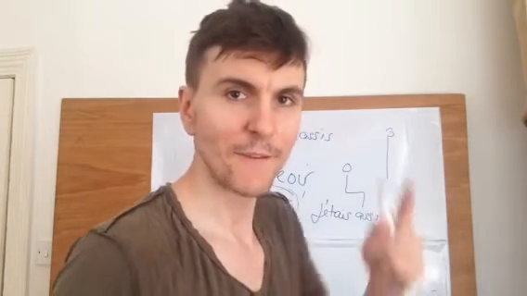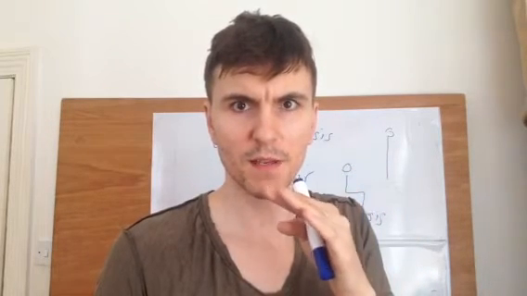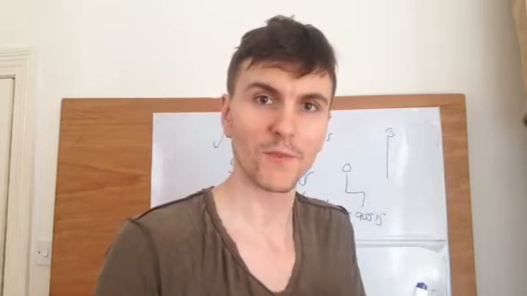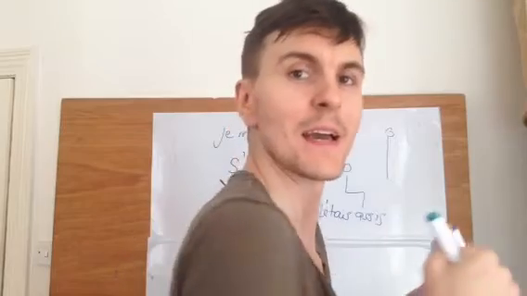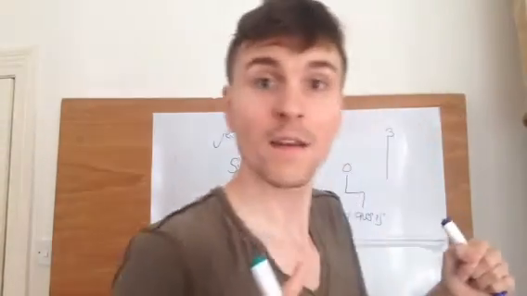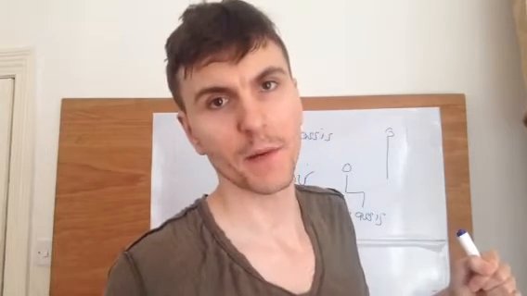So the point is, if you hear I was sat, you think, oh hang on, the verb to sit, s'asseoir, I need this in the was form. Like manger, je mangeais, s'asseoir, je m'asseyais. No, you don't need this verb in the was form, because that would be saying, yesterday I was sitting when I realised there was no chair and I fell on my ass.